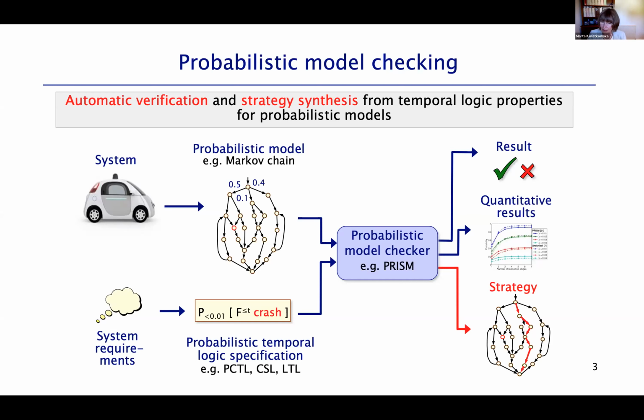It's small. Now if you feed a model and the property into PRISM, you get an answer, which is yes, this is satisfied or not. You can ask PRISM to return the probability and plot the results for different values of the parameters, but you can also return a strategy.